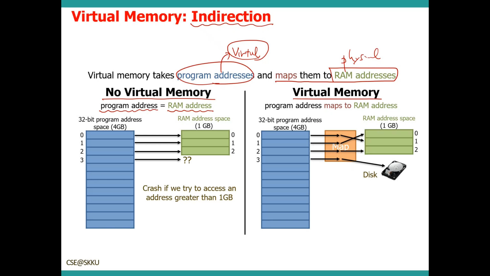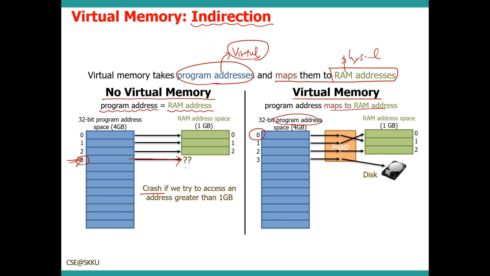So if some program tries to access an address that is not mapped to real physical memory, that is a crash. But in the virtual memory technique, the program's virtual address is mapped to a RAM address by a virtual memory scheme with the support of the operating system.